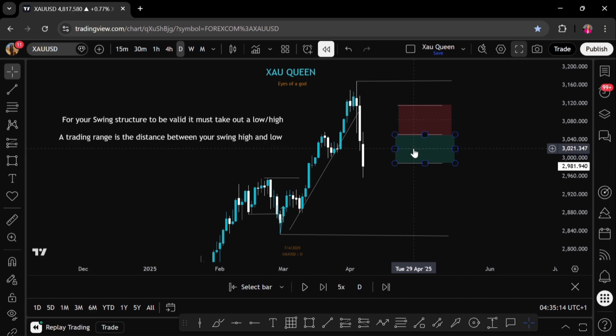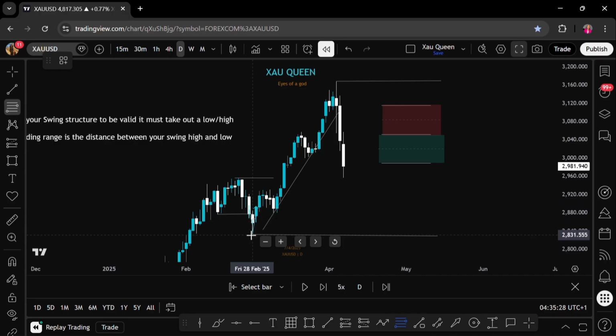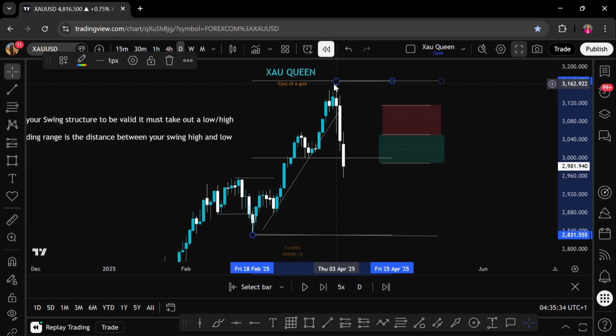So we want to buy when things are affordable, and we want to sell when things are premium, when they are expensive. So when you are looking within your trading range, you will carry your fib. If you are buying, start from your swing low and take it to your swing high to know your premium zone.